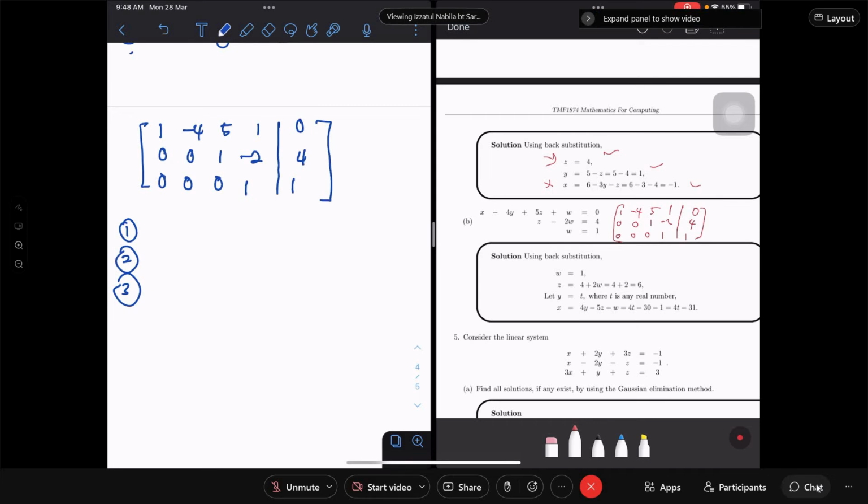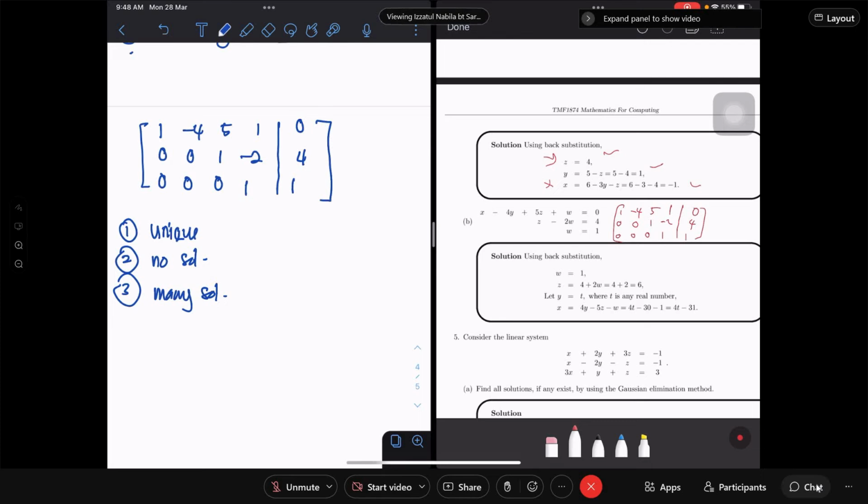Unique solution. Okay, unique solution. Second one? No solution. Correct. And the last one? Infinitely many solutions.